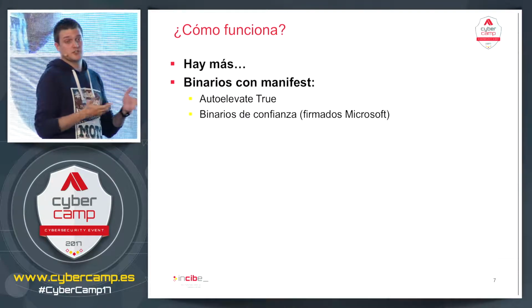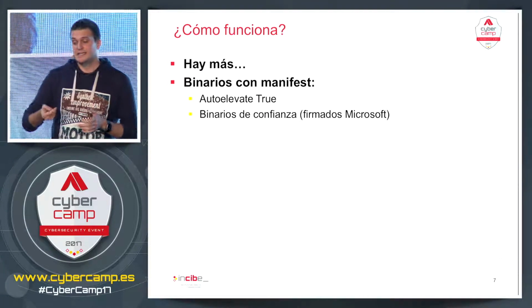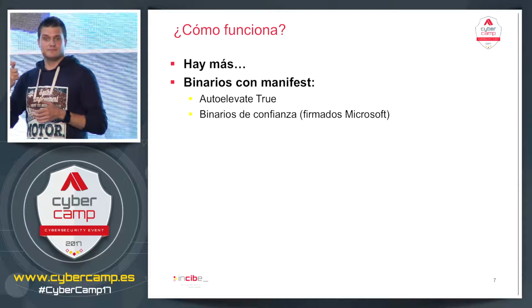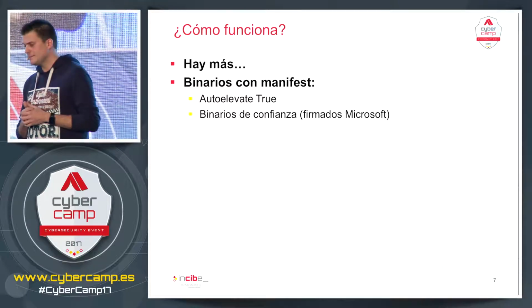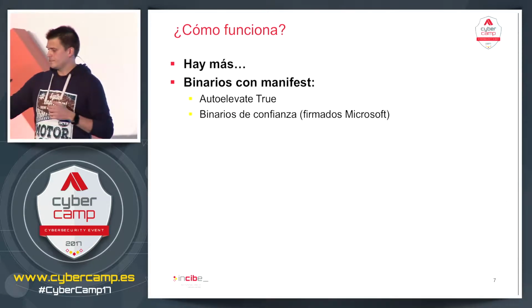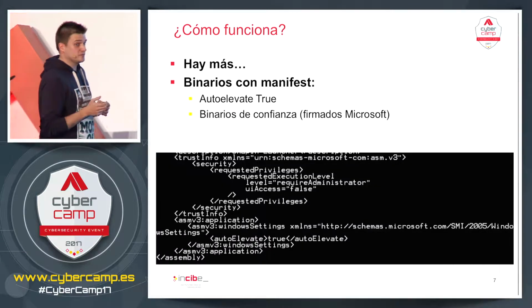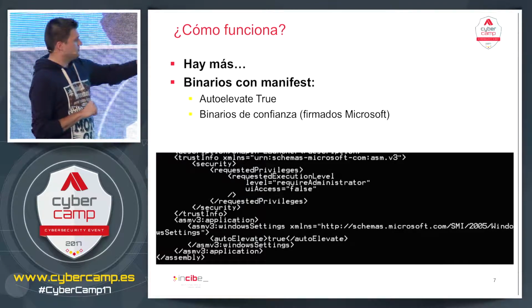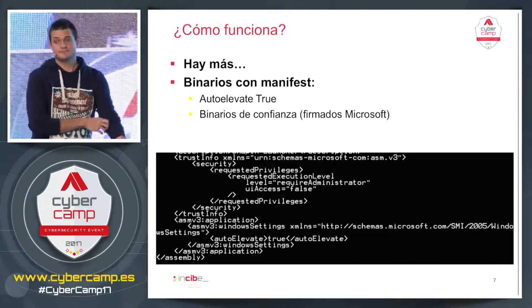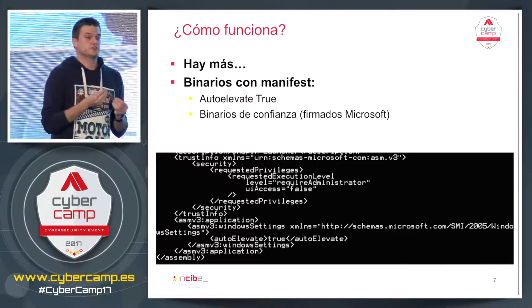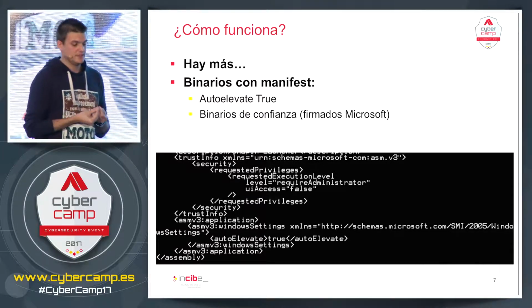Here you see, apart from this auto-elevate, there's also Event Viewer, and the UAC will not come out. Why? Because the manifests of these binaries, signed by Microsoft, have a parameter called auto-elevate.